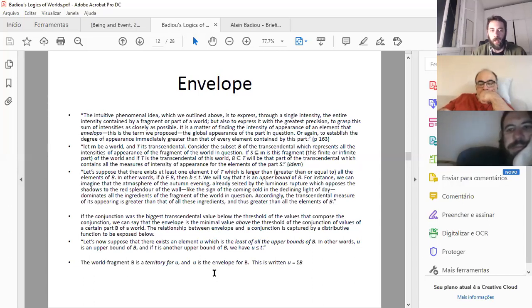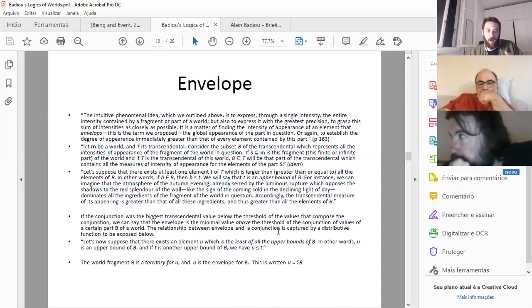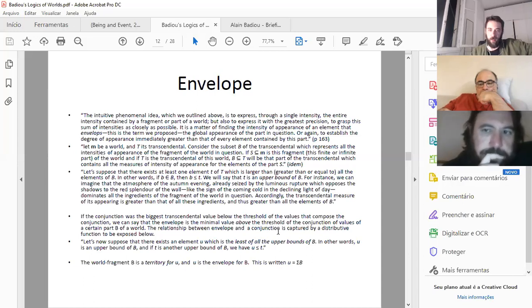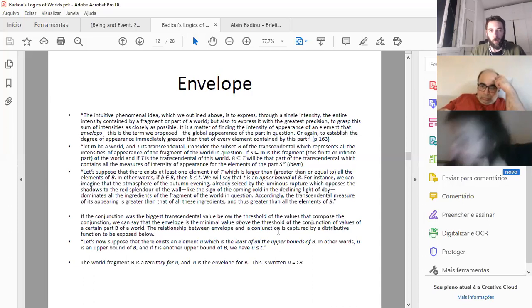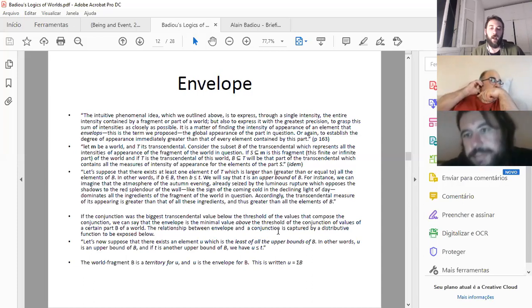Metonymy has that structure of taking the part for the whole, and metaphor has that idea that you can't really find the direct relation, so you come up with a broader whole to include both things, something that is capable of synthesizing a relation that is not given directly.